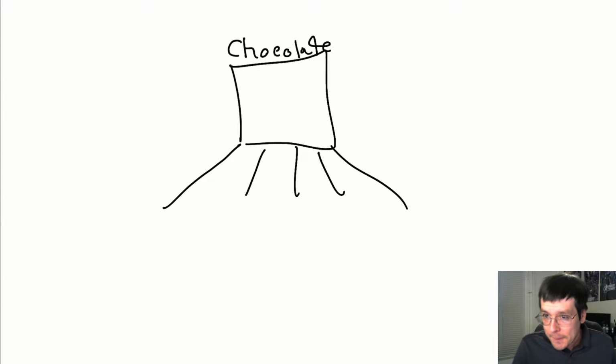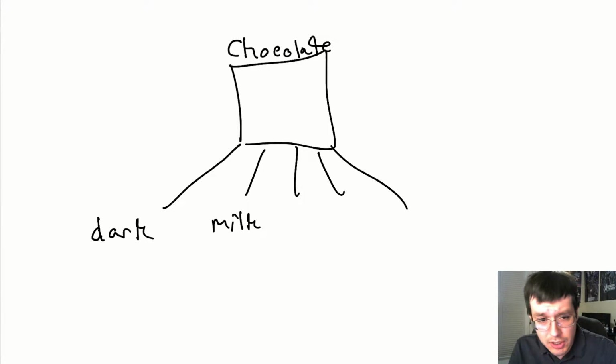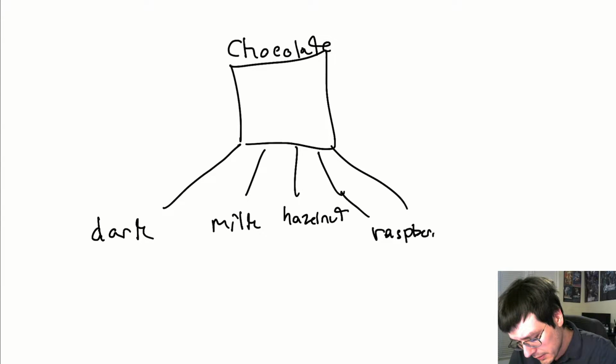And because I'm not much of a chocolate eater myself, in fact, I don't remember the last time I had chocolate, I had to come up with some names for some chocolates. So I was like, okay, we have dark chocolate, milk chocolate, there's hazelnut. Some of these I had to Google because I don't know if they're real. Raspberry.